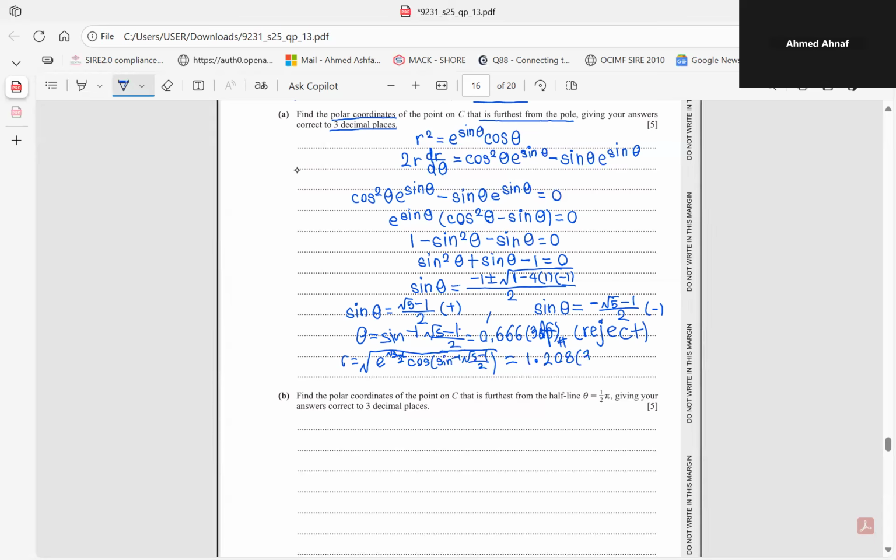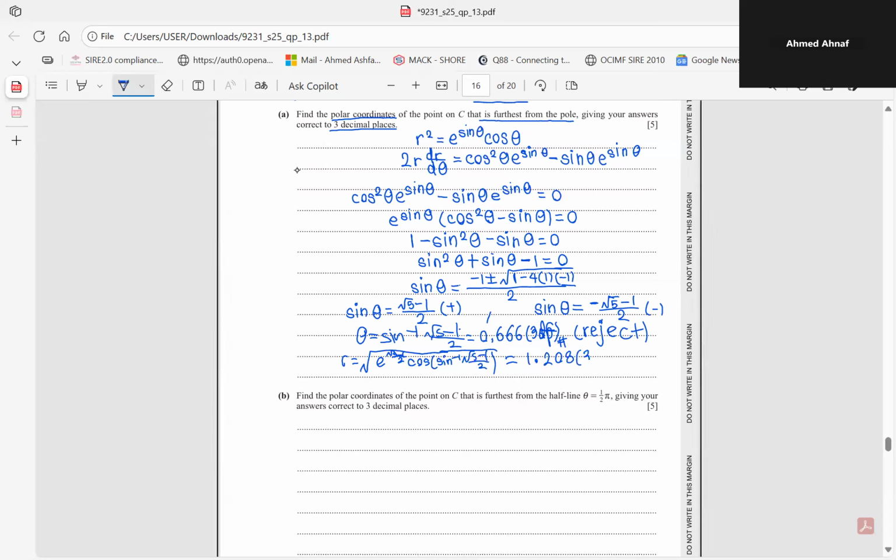So x squared equals r squared cosine squared theta, which is e to the power of sine theta times cosine squared theta, so just cosine cubed theta times e to the power of sine theta.